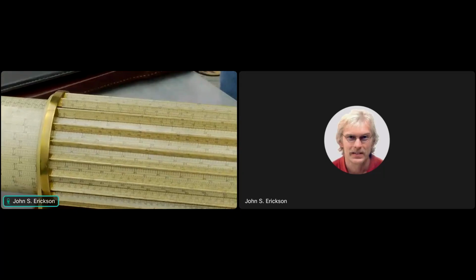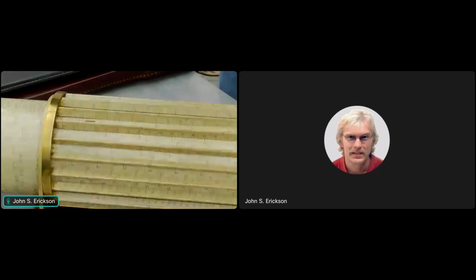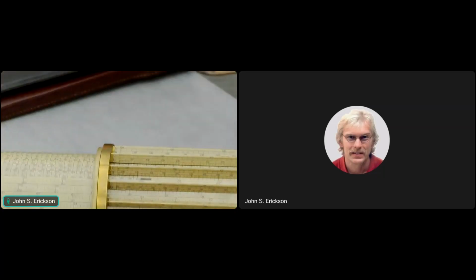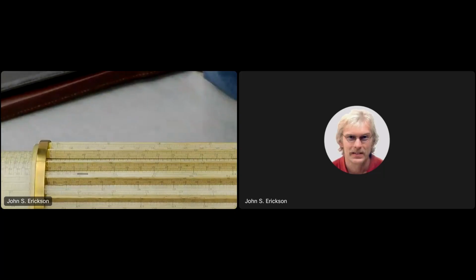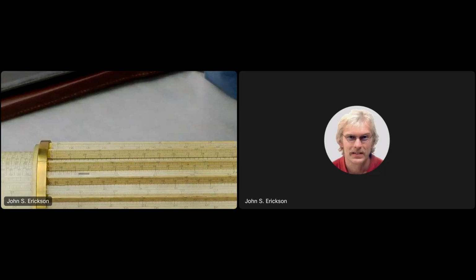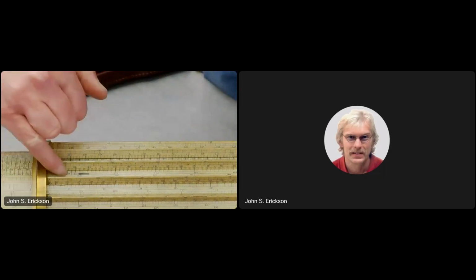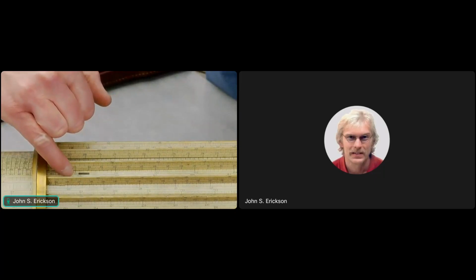Can you actually see? Is it actually in the view? Yeah. So can you see my finger? Yes. Can you see the numbers that I'm pointing at?